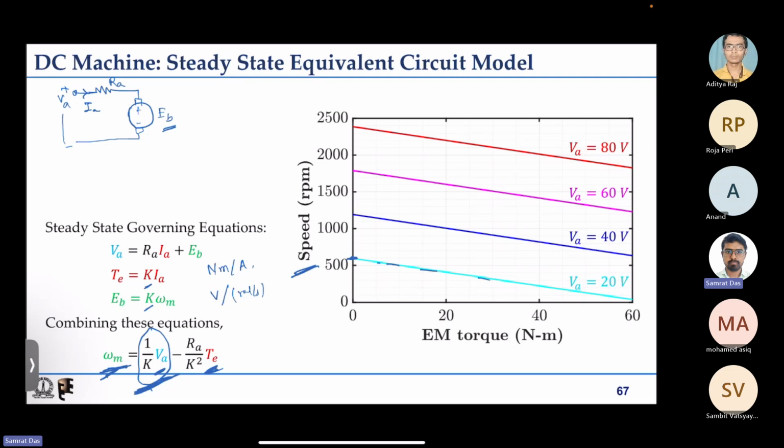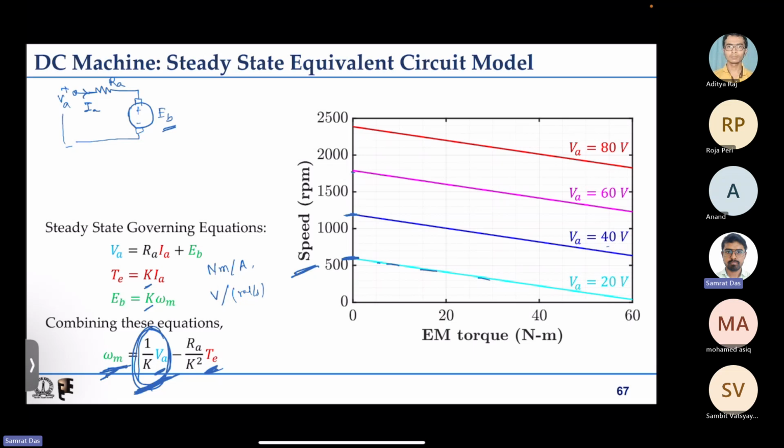If we apply 40 volt, nothing else changes, only the intercept changes. If it was a little higher than 500 rpm, it becomes a little higher than 1000 rpm. Like this we can vary the motor characteristics by applying different voltages, and we can do this within the operating limit.